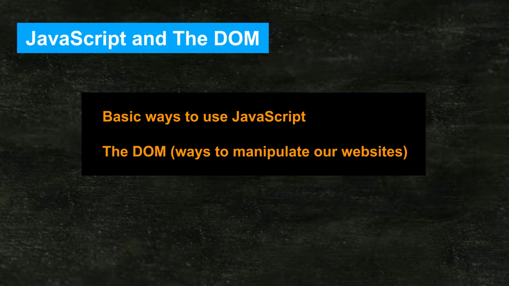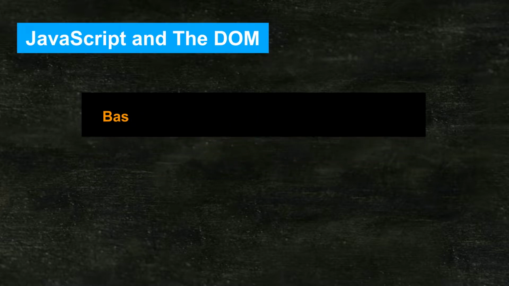Later on, we're going to do things like get information from other websites and services and put them in our website. But for right now, let's think of JavaScript as not just a programming language, but a way to manipulate the web page that we've already made with HTML and CSS. We can do some pretty awesome things with that. So let's look at some of the basics of JavaScript to get us going.